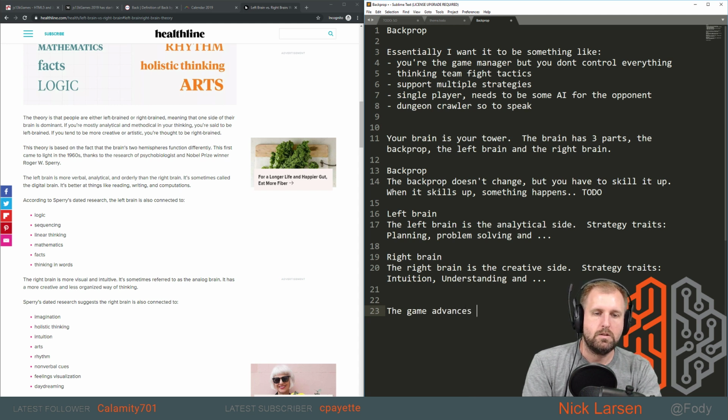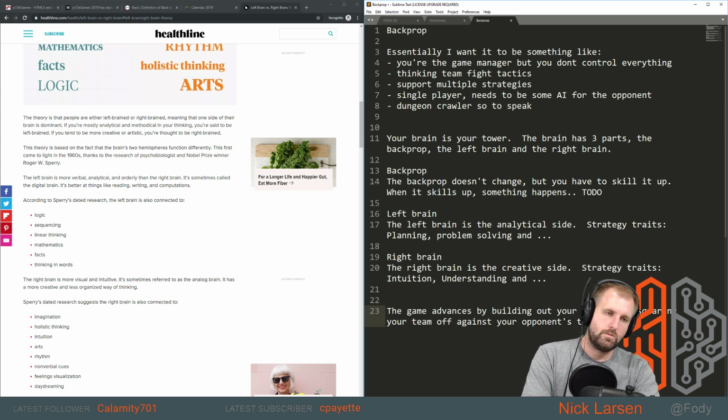The game advances by building out your team, then squaring your team off against your opponent's team. This fight happens without intervention from the user.